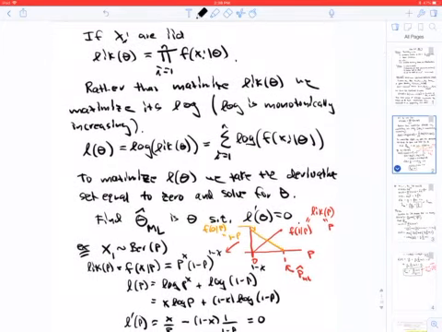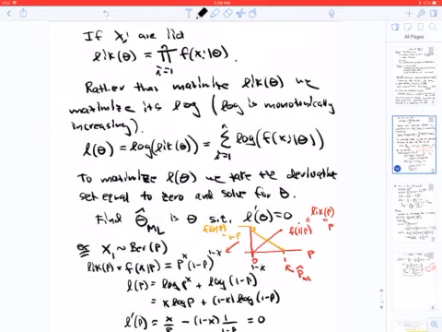So most of the time we're going to be assuming that our random sample is IID. So our likelihood will factor as a product, and then it'll be nice to take the log and look at the log likelihood.